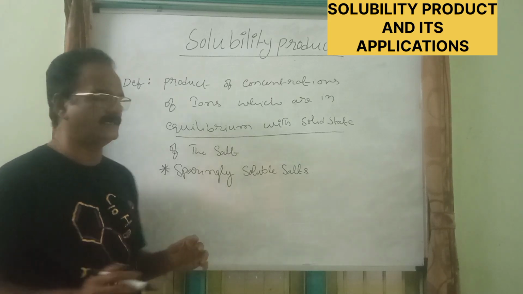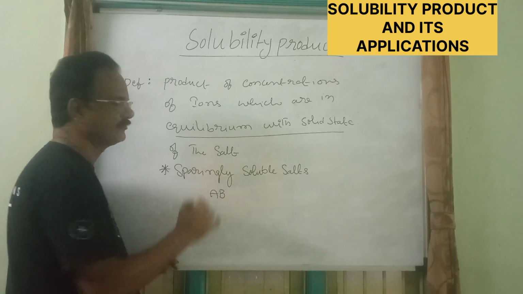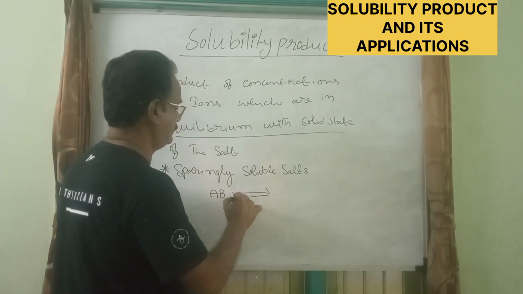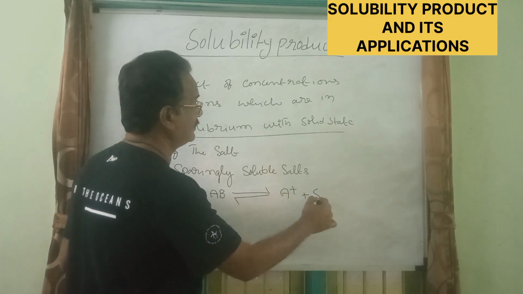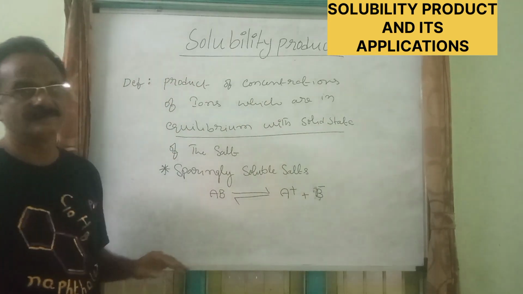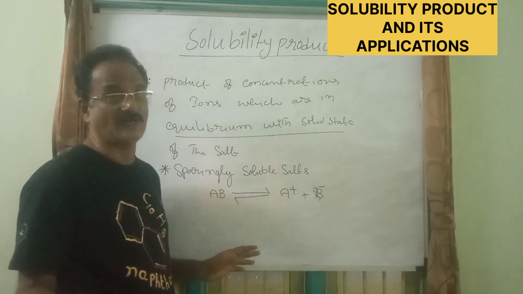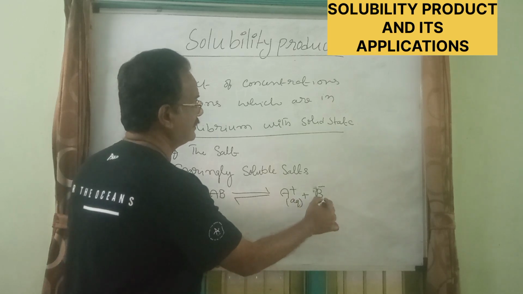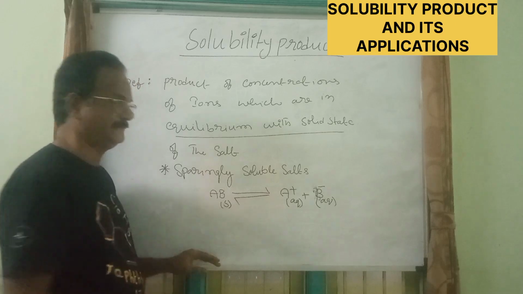So when you consider a sparingly soluble salt AB, when you dissolve it in a solvent. Okay, so here let us see, if the solvent is water, then A plus will be in aqueous state, B minus also will be in aqueous state, and AB considered as solid.